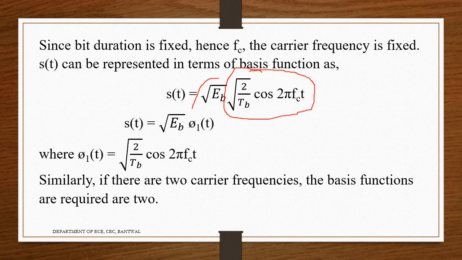This is the message M of t, the square root of EB into pi 1 of t. If we have two carrier frequencies, we need to consider two basis functions, pi 1 of t and pi 2 of t. The pi 1 of t will be common throughout.